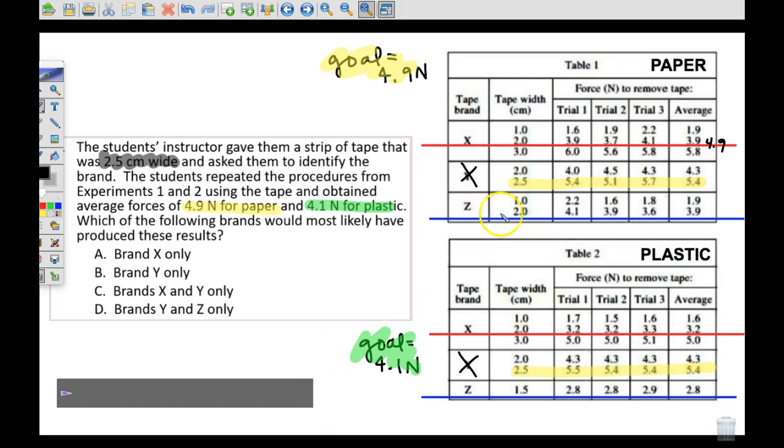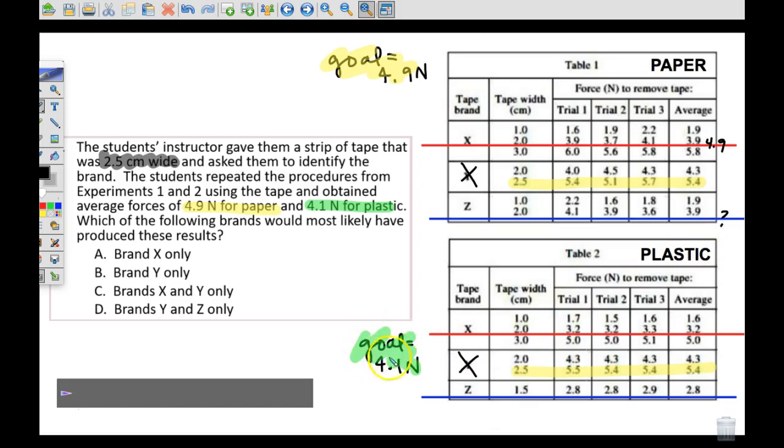For tape brand Z, we're going to extrapolate a little bit, and it's an option. It could be 4.9, but it seems really unlikely considering that we had a pretty big jump from 1.9 to 3.9, and going up a half a centimeter may or may not get us to our 4.9 goal.